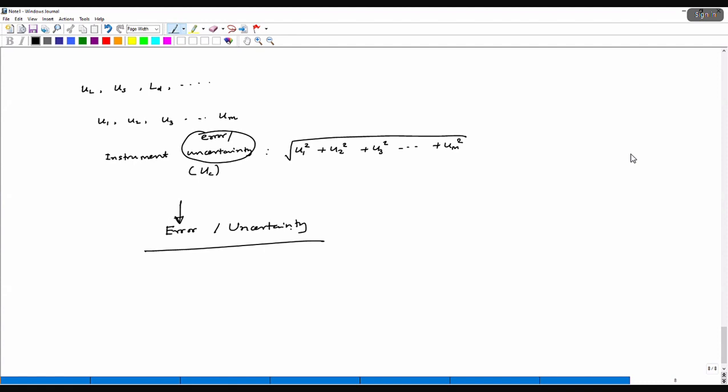So this is the property of the test results, right? And this is the property of the instrument. Okay. And this uncertainty basically can include both the errors in the instrument and the external effects.